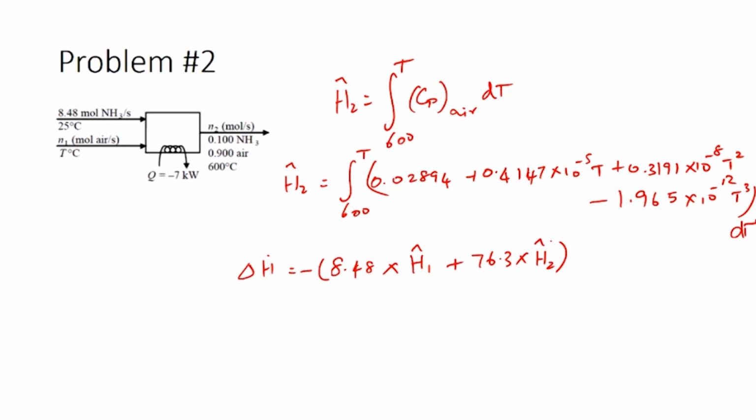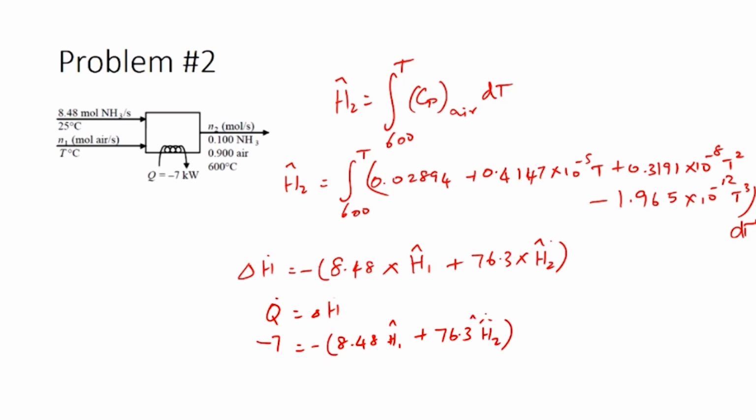So, with this particular equation we can substitute it back into the general energy balance equation we had, which was Q dot equals delta H dot. So, Q dot, which was identified as minus 7, equals minus 8.48 H1 cap plus 76.3 H2 cap.